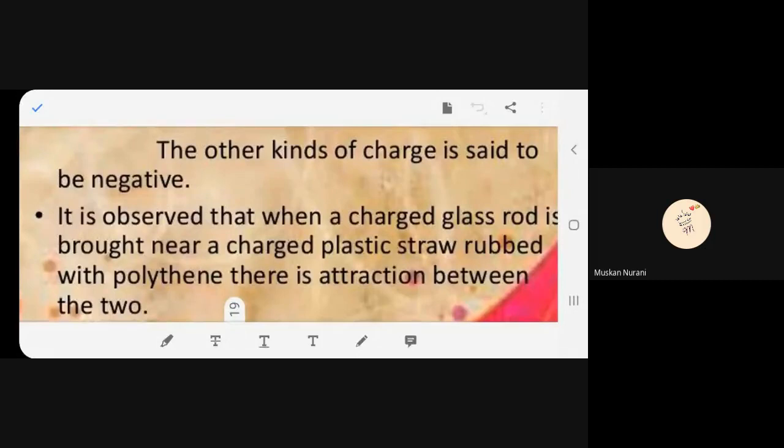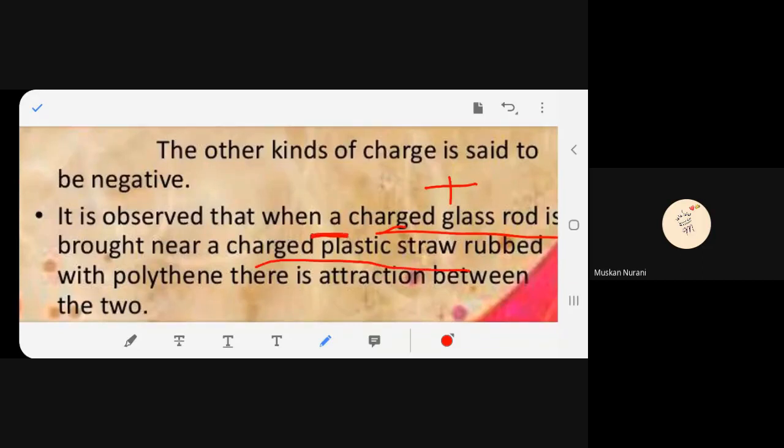Now, what we see: one charged glass rod, I can say this is positive, and one charged plastic straw, it is negative. There is attraction. Got it now?